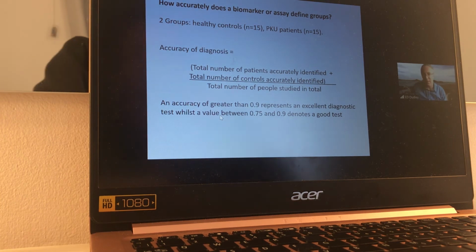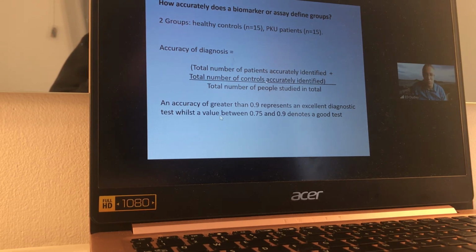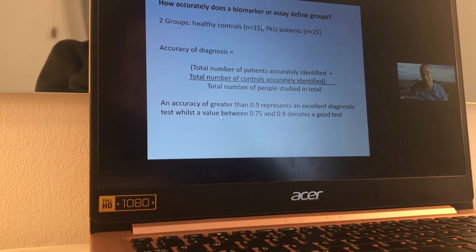We analyze the amount of phenylalanine in these 30 individuals' serum samples, and then determine the accuracy of diagnosis. By definition, that is the total number of patients accurately identified as having phenylketonuria, plus the total number of healthy controls identified as not having PKU, divided by the total number of people in the study, in which case this is 30.